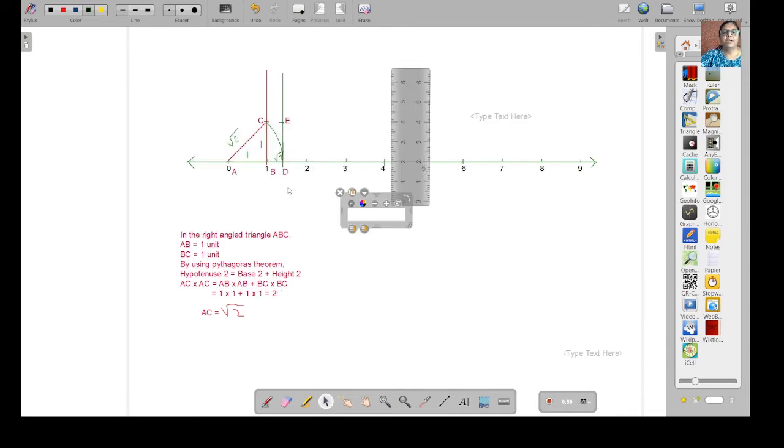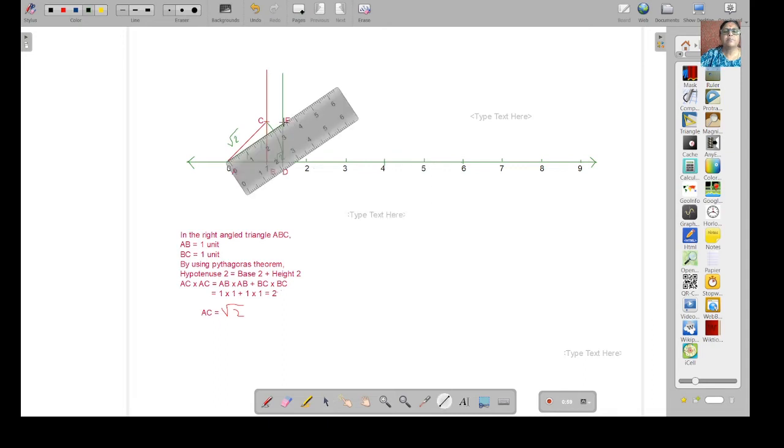Now mark 1 unit on that perpendicular line and mark that point as E. Now join AE.